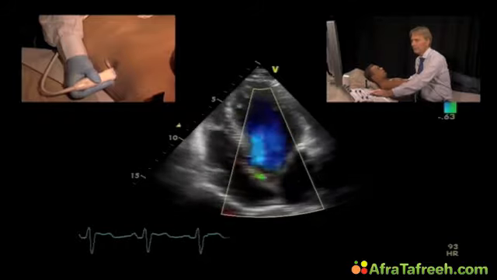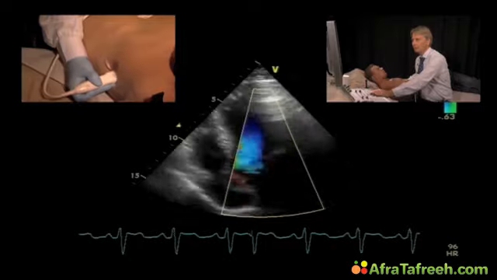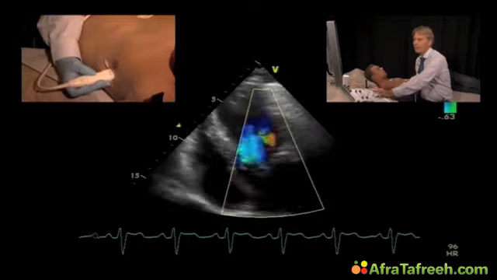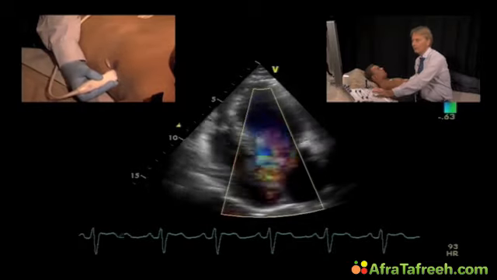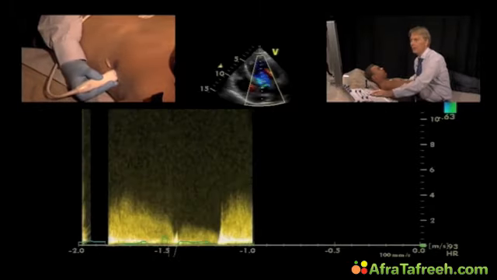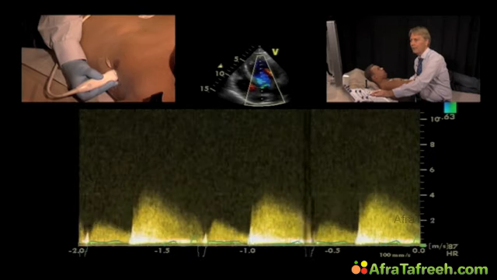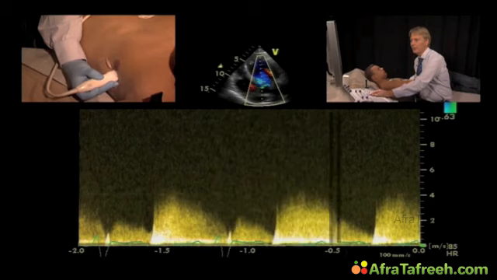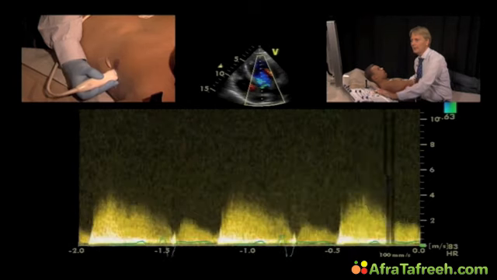Then we would place the region of interest with the color Doppler to give us guidance where the jet is, and with the continuous wave Doppler we will then try to go right through the origin of the jet, which we're trying to do here, and then we would get a spectrum, in his case, which looks something like this.